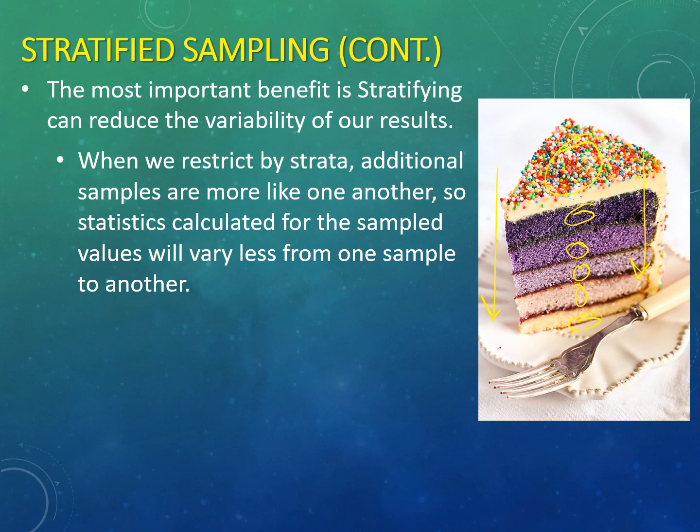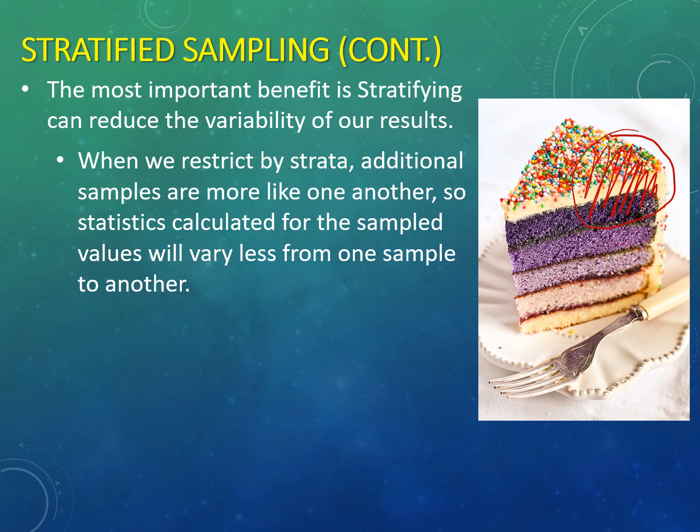And that is really the most important benefit of stratifying, is it's going to slightly reduce the variability of our results. If you have a little brother or little sister who gets kind of crazy around cake, you might have noticed that they will just come and they will take a chunk out. And that means all they're getting is this stuff right here. They're not getting this awesome stuff down here or what's over here.